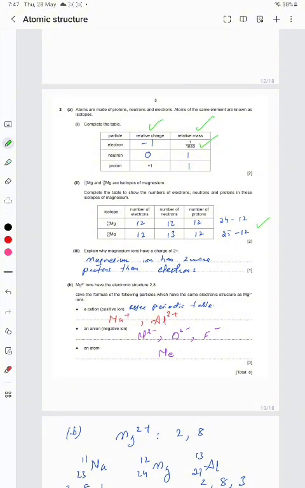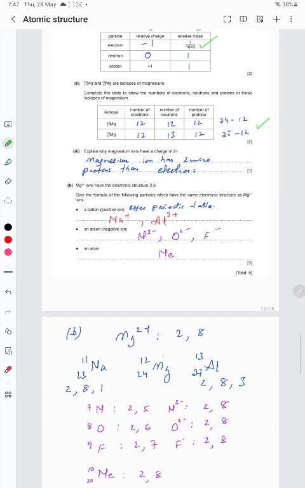Now you have to refer to the periodic table, and in the periodic table, if you sort out magnesium, you will find sodium on its one side and aluminium on its other side, and the electronic configuration of sodium is this, aluminium is this.